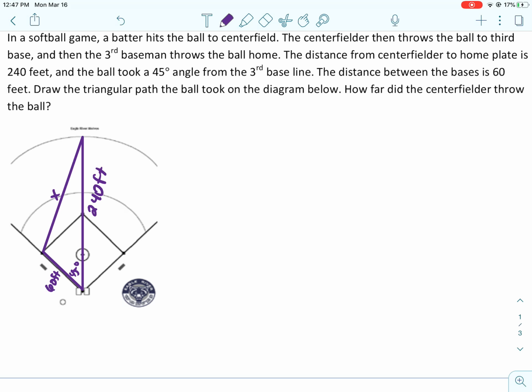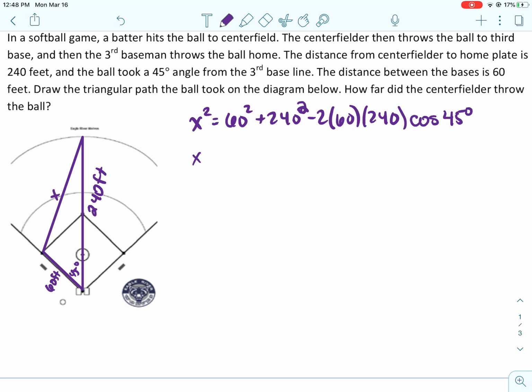Okay, so we have two sides of a triangle and the angle in between. So that's definitely a law of cosines problem. So you guys go ahead and set it up on your own, please. That should be squared, not degrees, sorry.